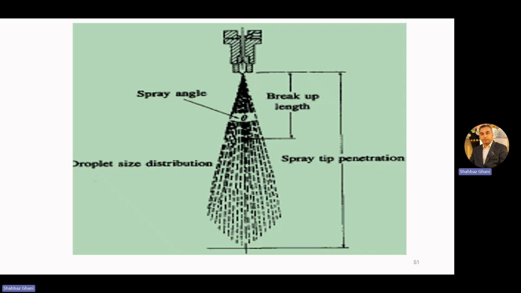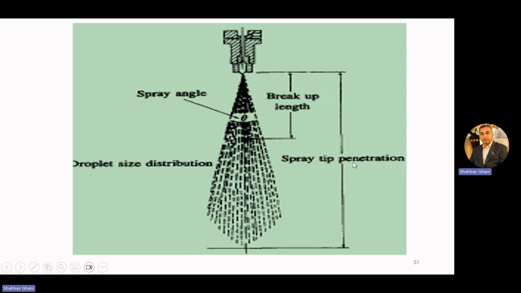Now, this is the spray pattern from the injector nozzle. On top is the nozzle and this is the tip of the nozzle. This is the spray pattern, which is ideal when we are injecting the fuel. This is the theta angle, the spray angle, and this is the breakup length, the critical length. Droplet size distribution varies; here there will be one size, and here a different size.